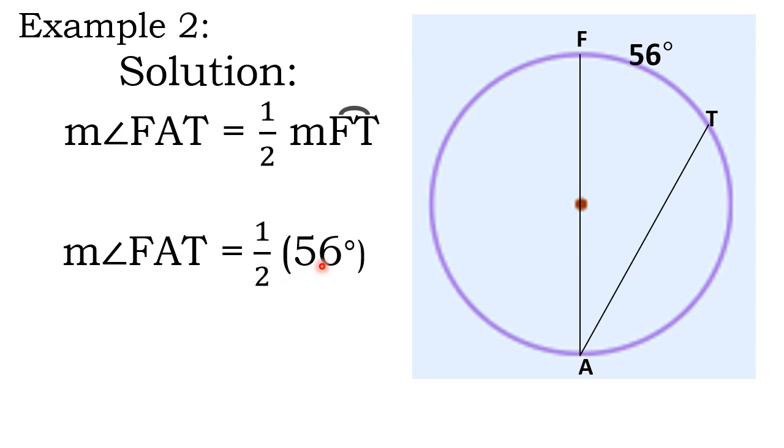Now we simplify. 1/2 times 56, or 56 divided by 2, is equal to 28 degrees. Therefore, the measure of angle FAT is 28 degrees, which is 1/2 of 56, the measure of arc FT.